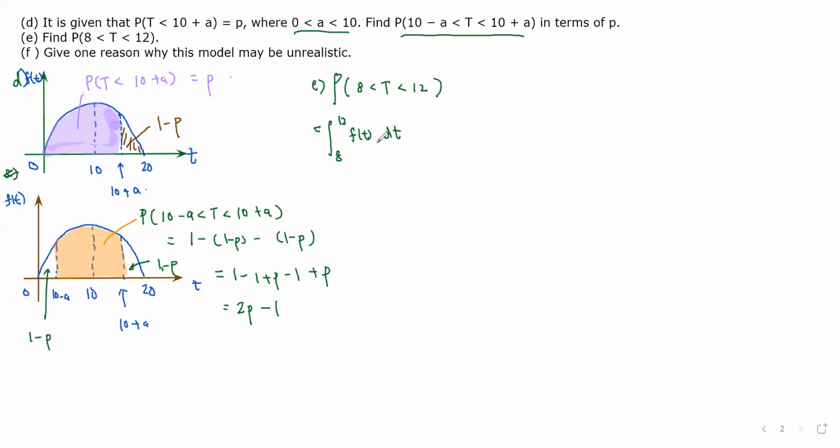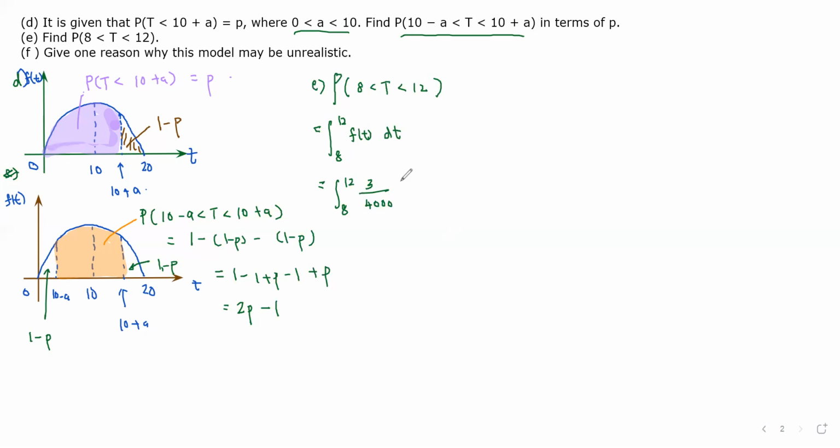This will give us the area under the graph, or the area under the density function from 8 to 12. So we integrate 3 out of 4,000.